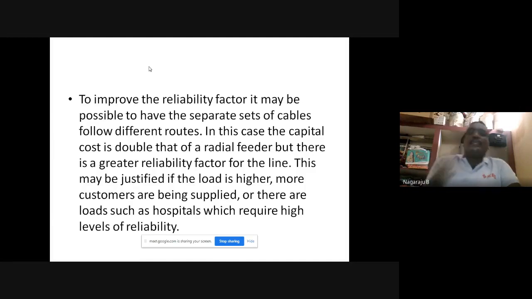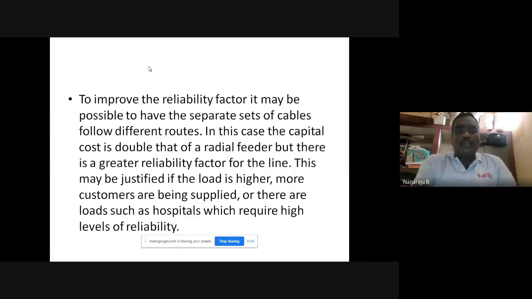This may be justified if the load is higher. If a group of customers has more industries, I will not go for the radial type of system. You may go for the loop type of system instead of the radial type.